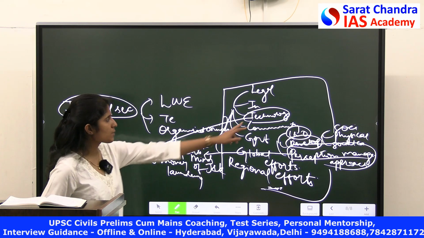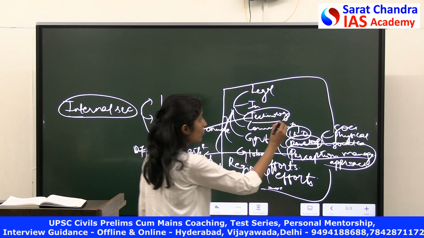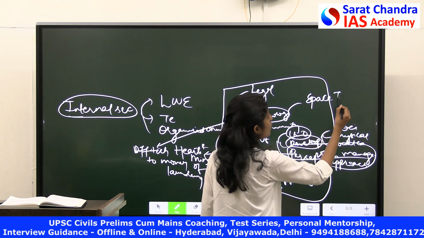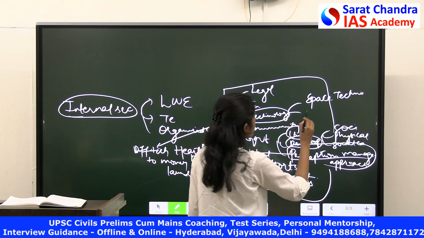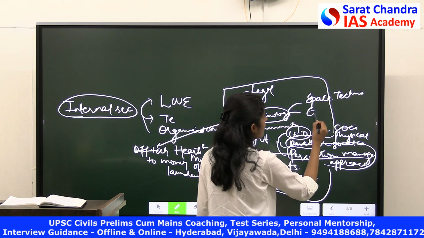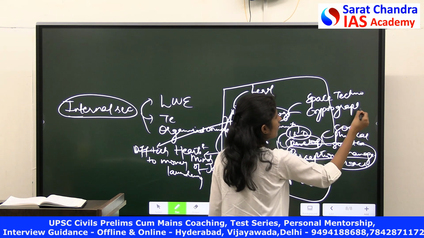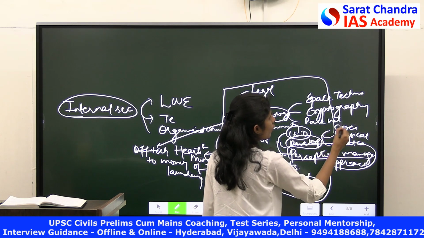So this part is becoming a favorite area, so you can prepare extensively on it. Within this technology you can again have frameworks, right? Space technology, how can space technology be utilized to tackle challenges, how cryptography can be used, how the darknet and dark web are used, all such things.